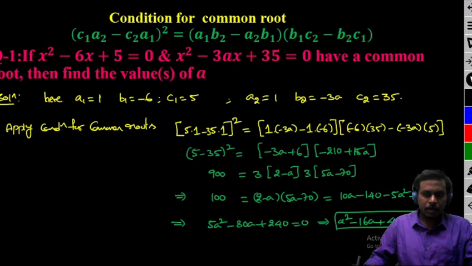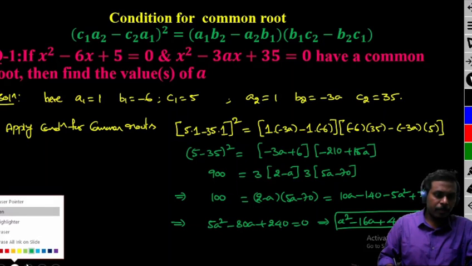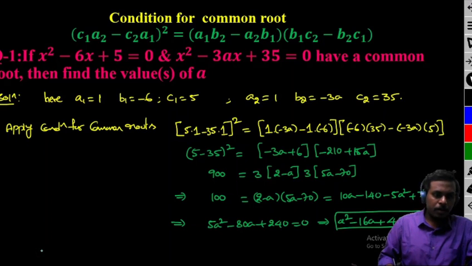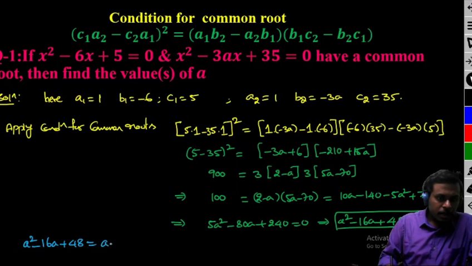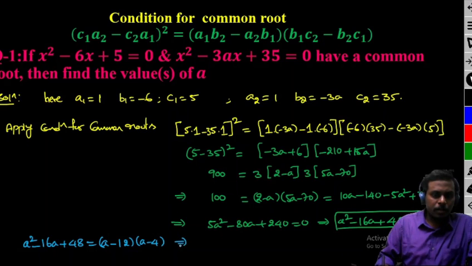Now we have got a quadratic equation. Now we have to solve this quadratic equation. Now you can write a square minus 16a plus 48 is equal to, I can write this as a minus 12 into a minus 4. This implies the possible values of a are such that the product is equal to 0. This implies a is equal to either 12 or 4.